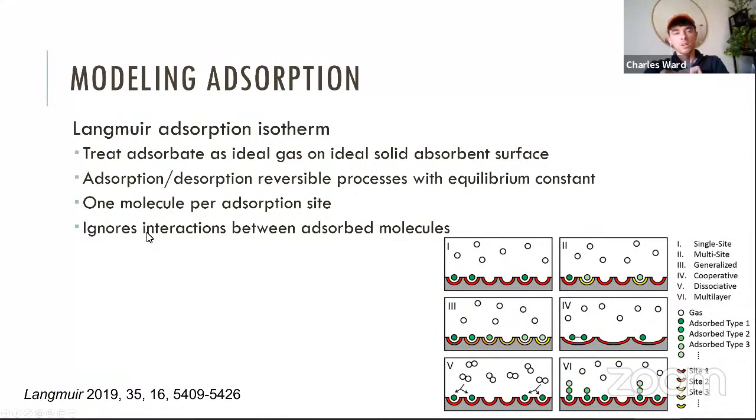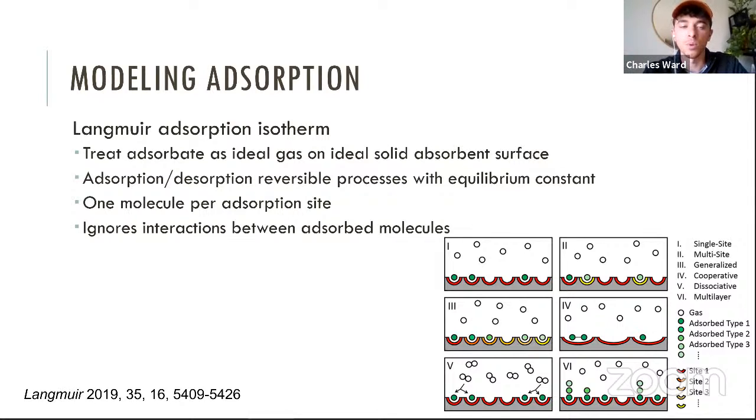Okay. So in order to model this, I use Langmuir's adsorption isotherm. Some assumptions and details about this is that he treated the adsorbate as an ideal gas on an ideal solid surface. That he treated adsorption and desorption as a reversible process that you can describe using an equilibrium constant.